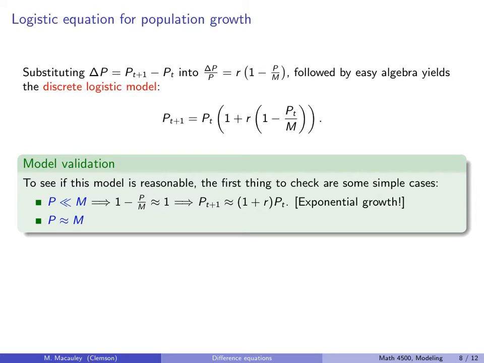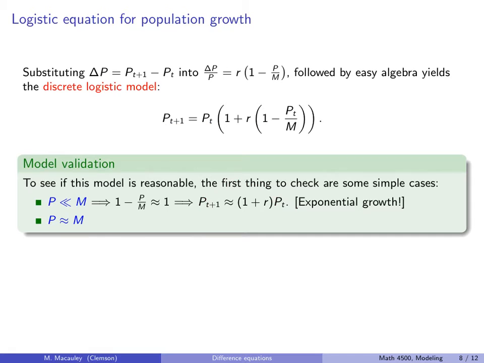So the population tomorrow is just the population today, p_t, times 1 plus something that's almost r. So it's approximately the exponential growth equation. And that's what we expect. When population is small, it grows approximately like exponential growth.